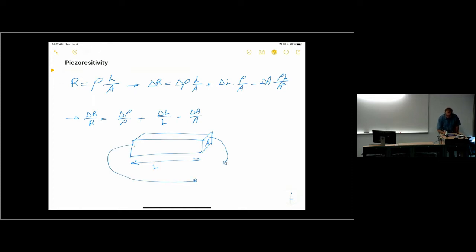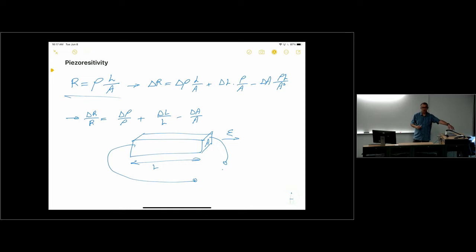So in this case, R is given by that expression here, right? Now the issue is that I have applied the strain to this. So let's say a stress or force or pressure has changed the length of this material by some value, and the material is responding to that.